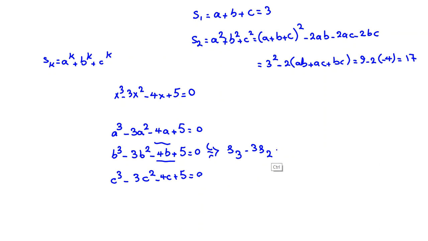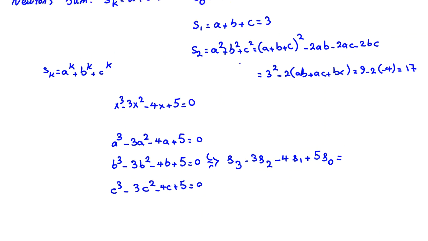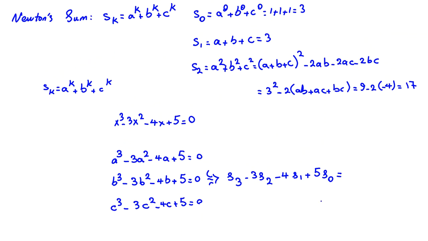Negative 4 times (a plus b plus c) is negative 4 S1. The 5 here gives S0, because a to the 0, b to the 0, c to the 0, and S0 is 3, so 3 fives, 15. On the right-hand side, 0 plus 0 plus 0 is 0. So we conclude S3 equals 3 S2 plus 4 S1 minus 5 S0.